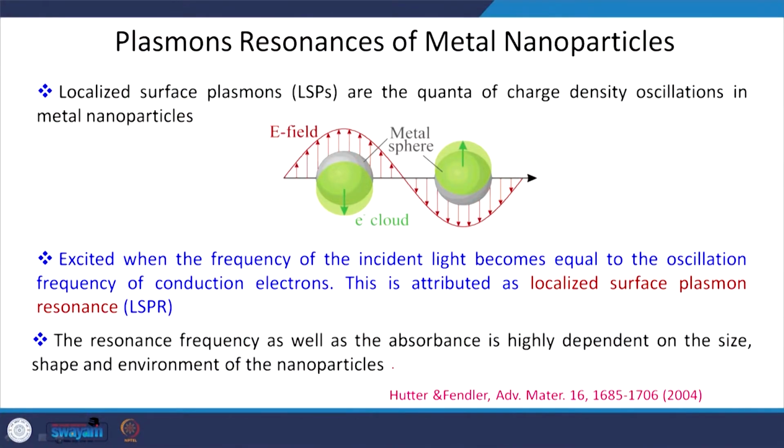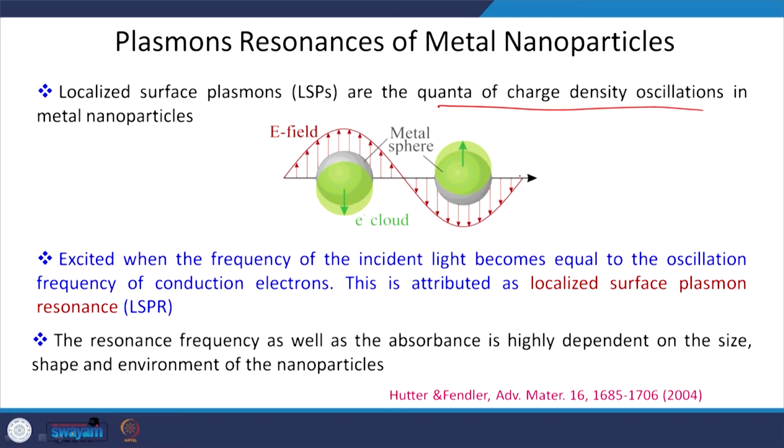So, plasmon resonances of metal nanoparticles are basically quanta of charge density oscillations of metal nanoparticles. You can picture a metallic nanosphere as shown in the picture when it is subjected to a time varying electric field.